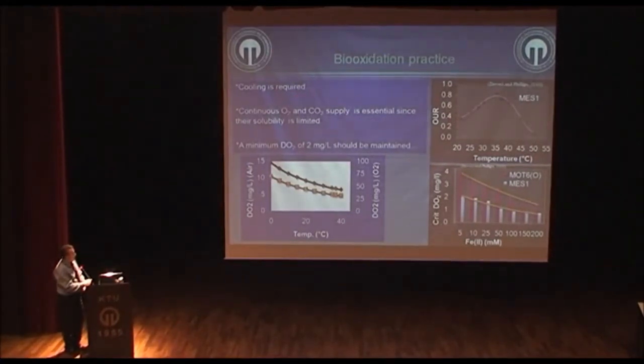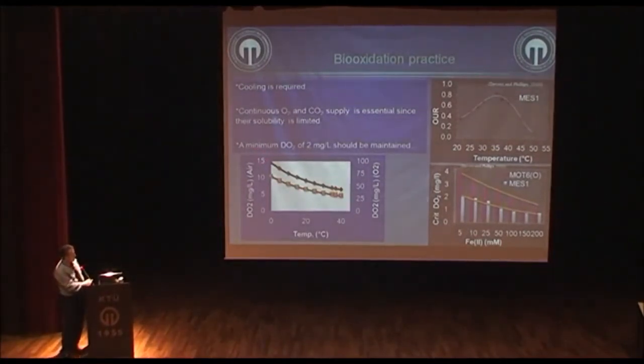And there are aerophilic and autotrophic bacteria, which means a continuous supply of oxygen and carbon dioxide from the air is essential for good operation, but the solubility of oxygen is often limited.